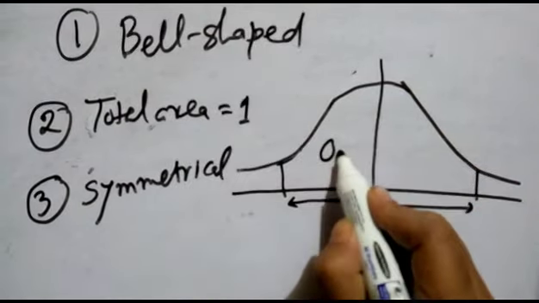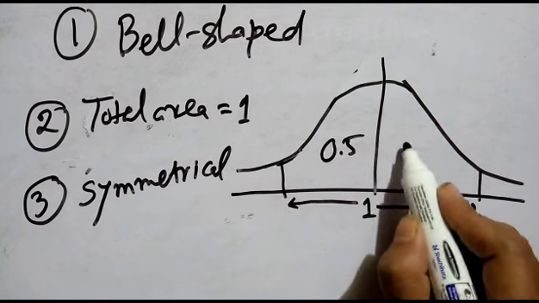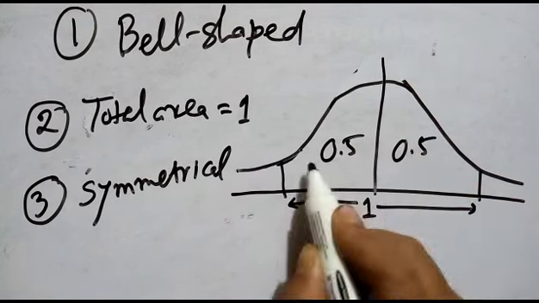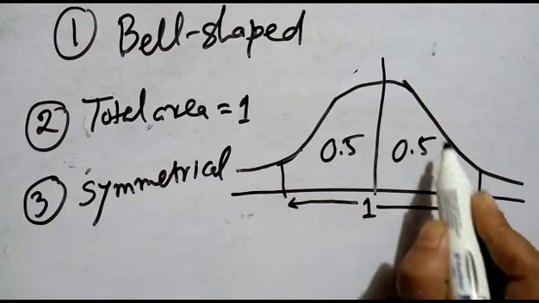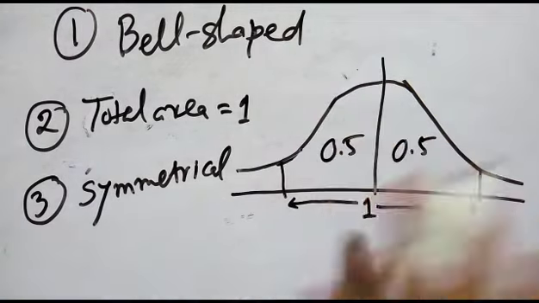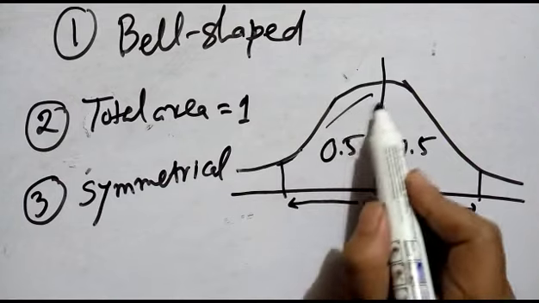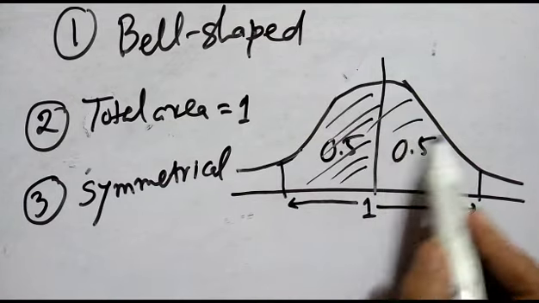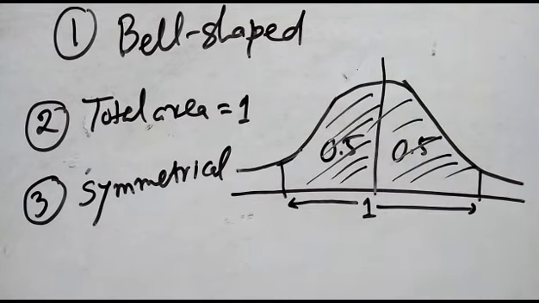Then the left split part is 0.5 and the right one is 0.5, and the total is 1. Clear? Total area is 1.